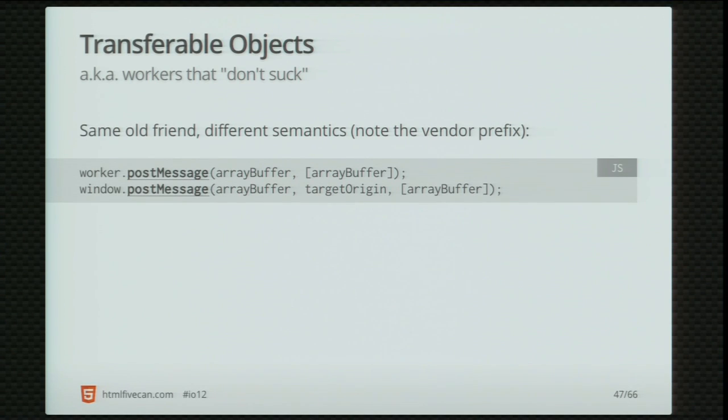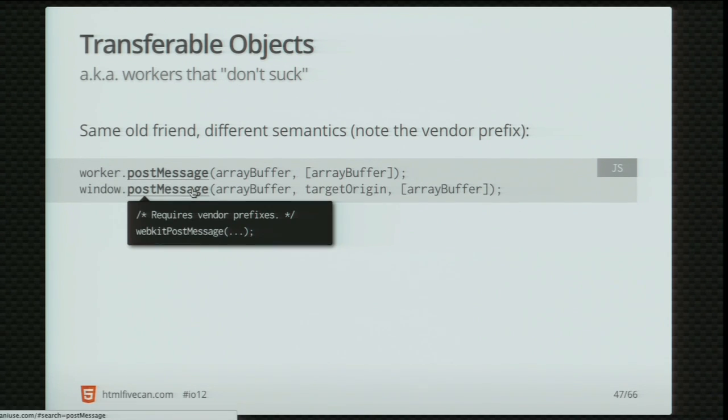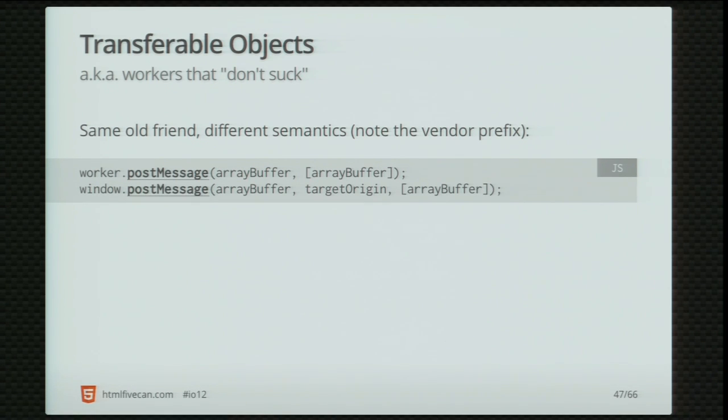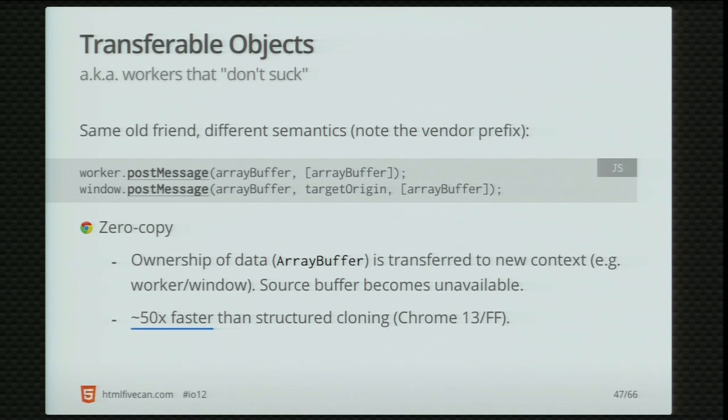Transferable objects are something that the WebGL community thought up because they need this ability to do processing on large amounts of data. You can see this guy is using our old friend, but it has different semantics, and that's why this method is prefixed with webkitPostMessage. This is supported in Chrome. What happens with the new postMessage is that it's a zero copy.